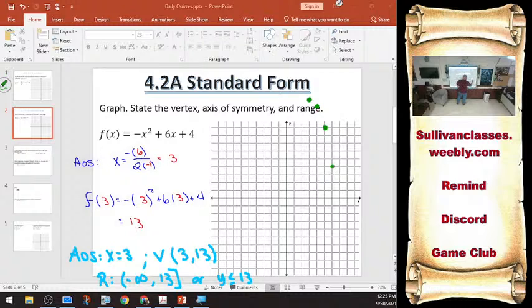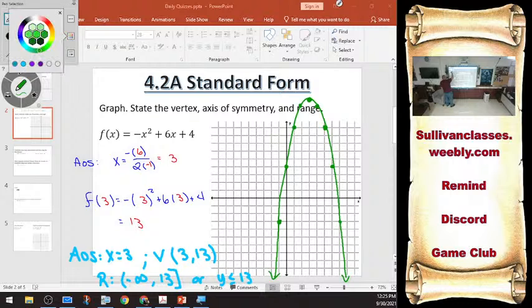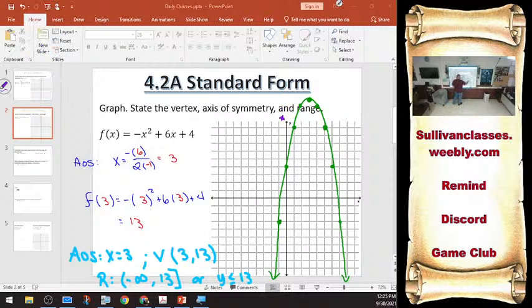Over 4, down 16. Over 5, down 25, and now we're off road. Mirror them across your axis of symmetry. Try to keep it curvy. There she be.